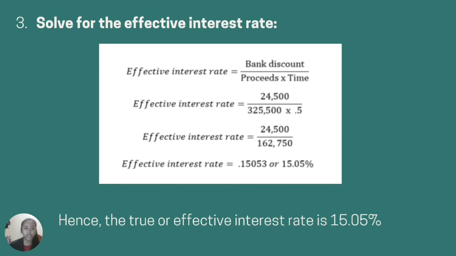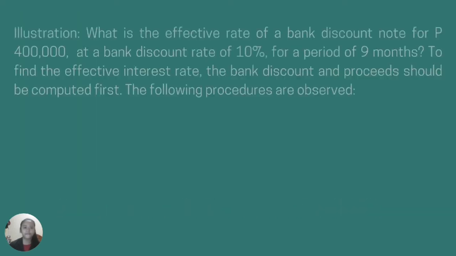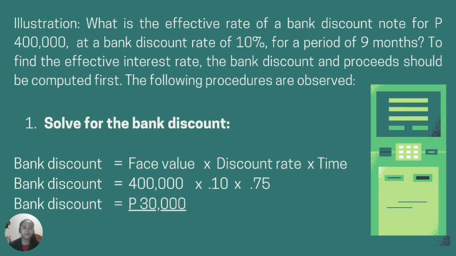Substituting the given, effective interest rate equals 24,500 over 325,500 times 0.5, which is 24,500 over 162,750. So the effective interest rate is 0.15053 or 15.05%. Hence, the true or effective interest rate is 15.05%.